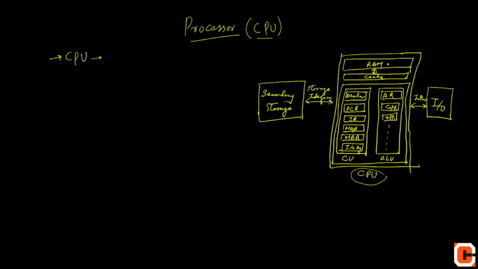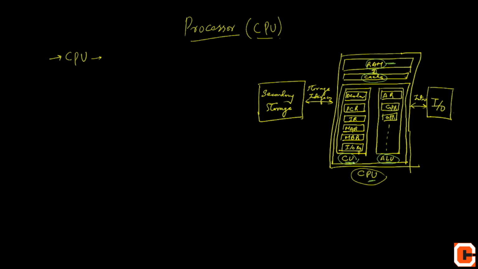The CPU consists of the main memory over here, which is RAM, which we will talk about later. There is another type of memory known as cache memory, which we will also talk about later. Then we have two different parts, the major parts of the CPU: the control unit and the arithmetic and logic unit, which combine to make a CPU.